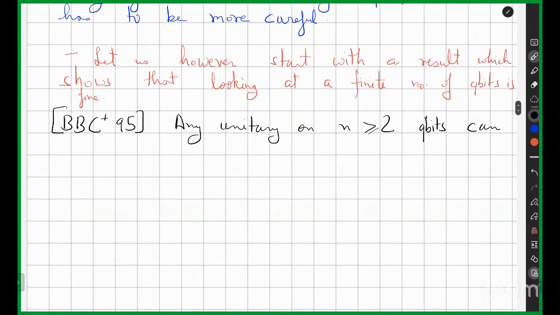This can be written as a product of 1- and 2-qubit gates.